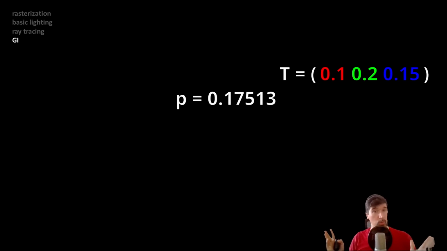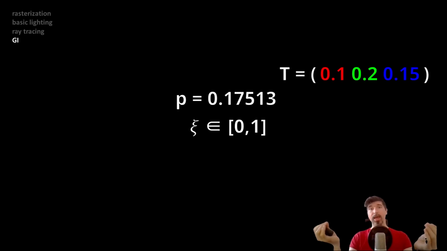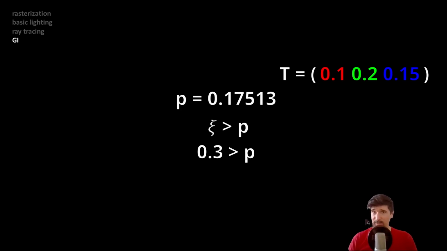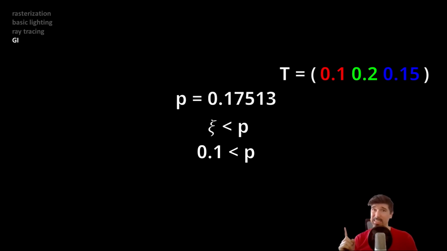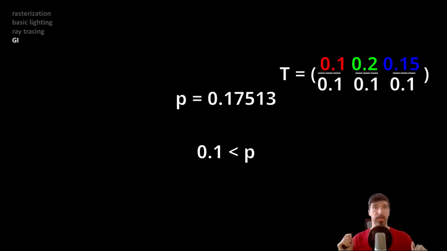We then draw a random number between 0 and 1, usually denoted as Xi, and if Xi is greater than the survival probability, we terminate the ray. So end of the path. But if Xi is less than or equal to the probability, we let the path continue and we scale its contribution by the inverse of that probability. This keeps the overall estimate unbiased.